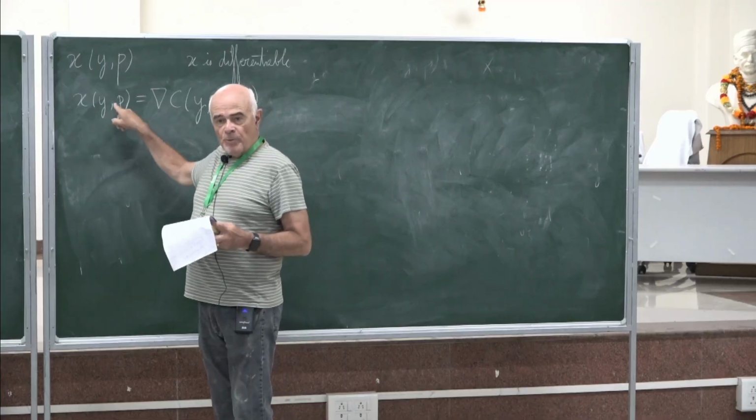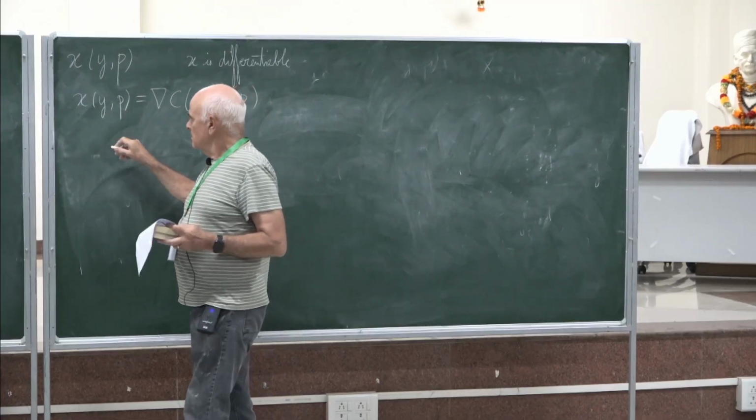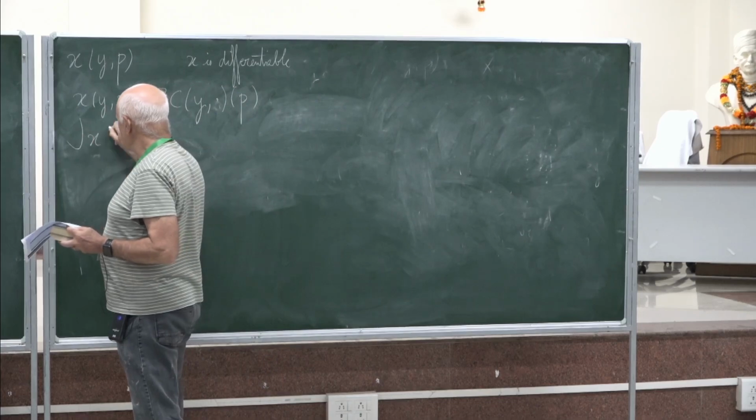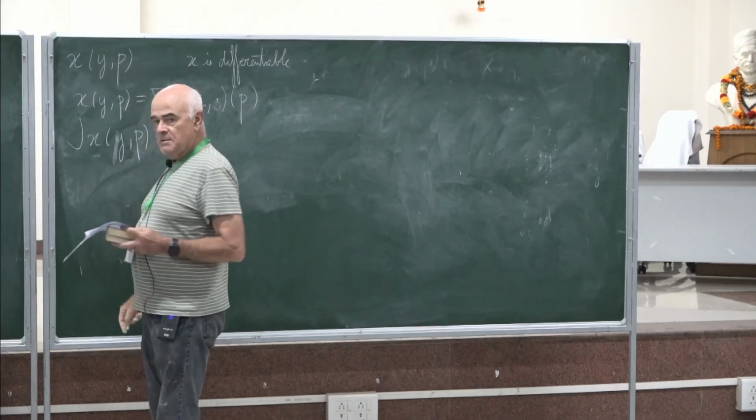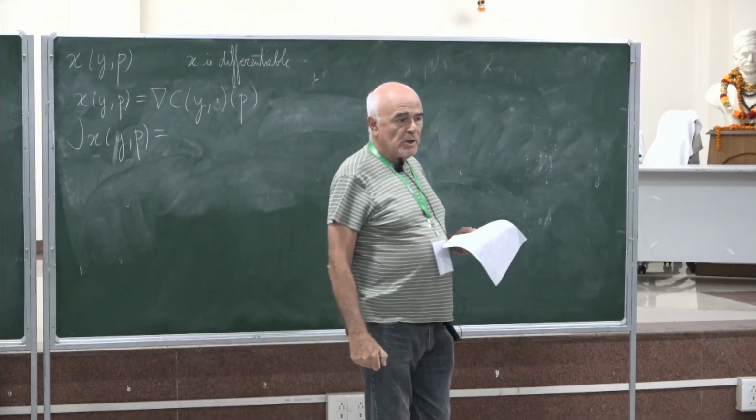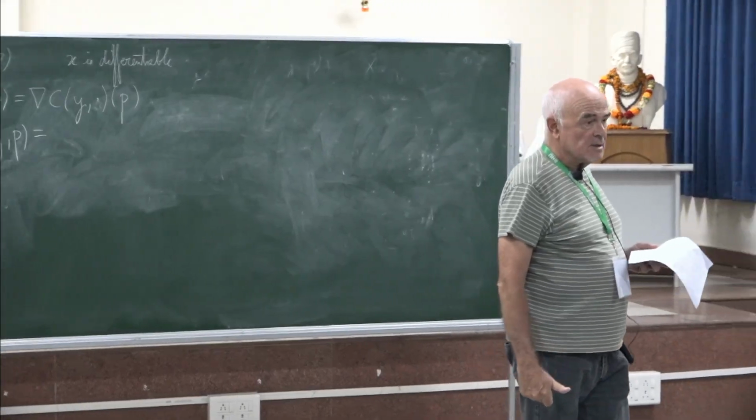So take the Jacobian on both sides. The Jacobian of x of y, p is the Jacobian of the gradient.